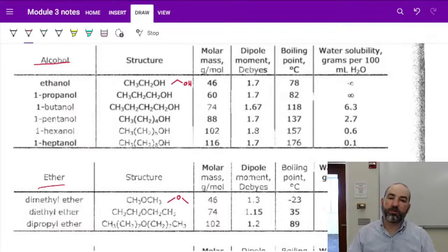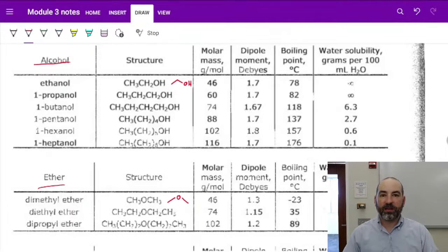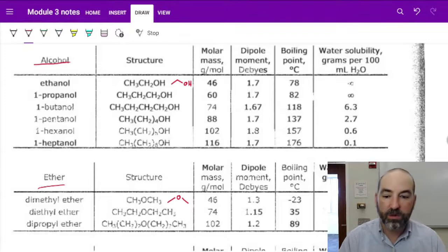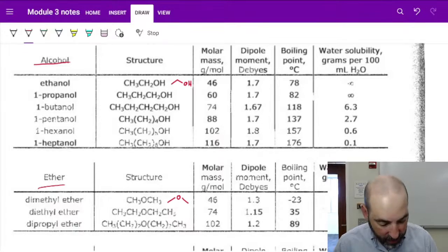It's not just a molecule being polar, because as you add more and more nonpolar stuff to the end of the molecule, it doesn't stop being polar from the measurement, but it stops interacting with water in the ways that we would expect polar molecules to do. So for this example, if we look at the alcohols, you can see, okay, if you've got 2 carbons, you're infinitely soluble in water.